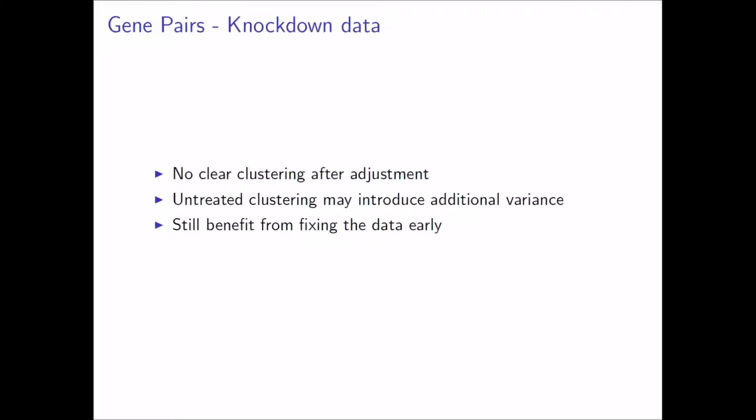So, kind of summary, no clear clustering after I do this adjustment, maybe introducing additional variance due to the clusters in the untreated data. I do think there could be potential benefit from identifying some of the issues early and fixing them before doing the adjustment. I'm not sure to what extent that might be helpful.